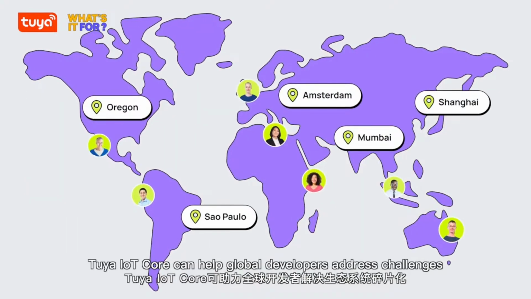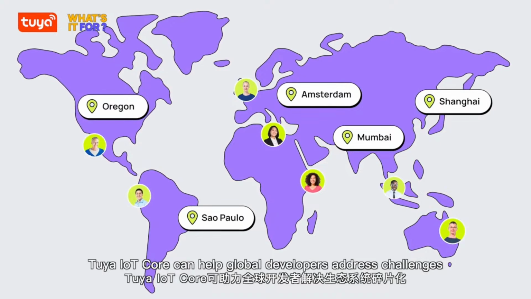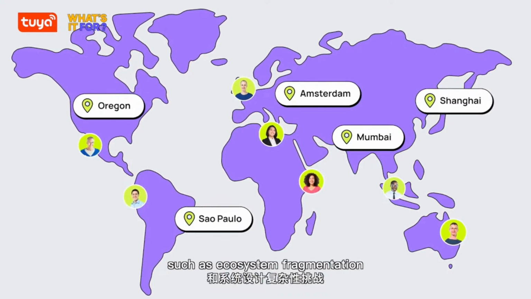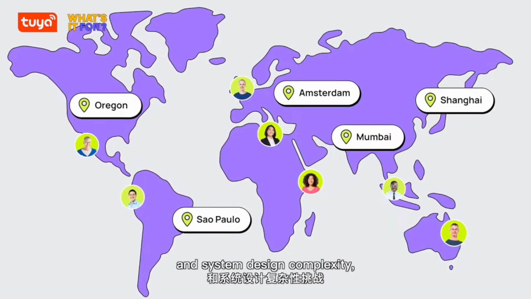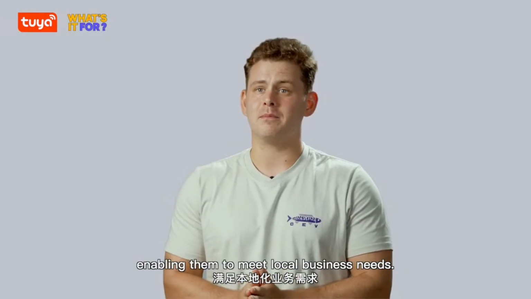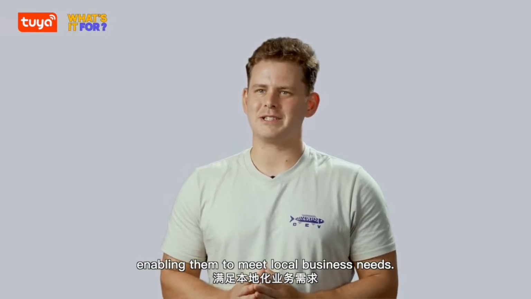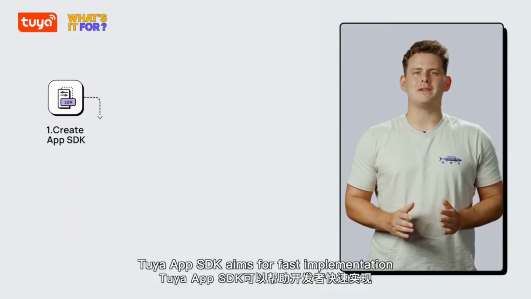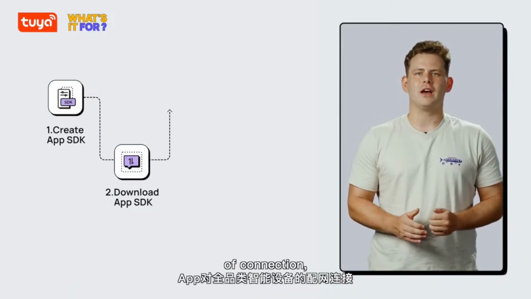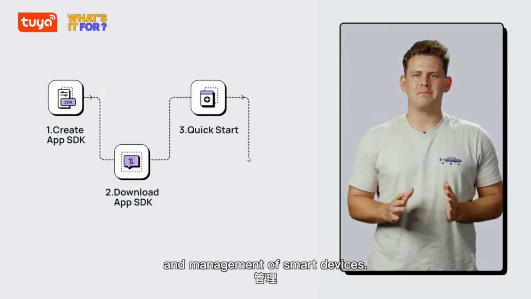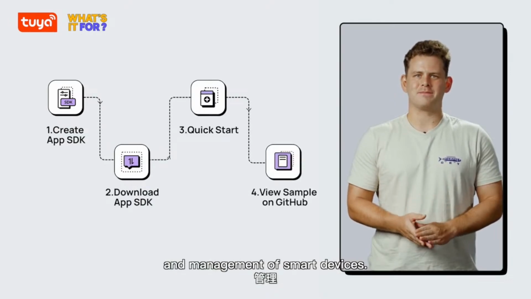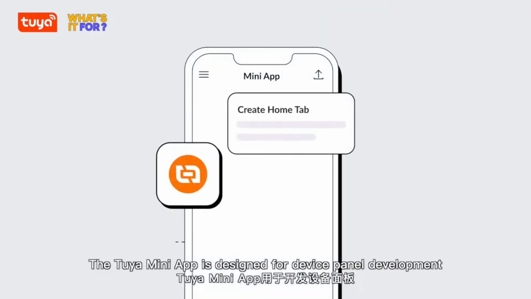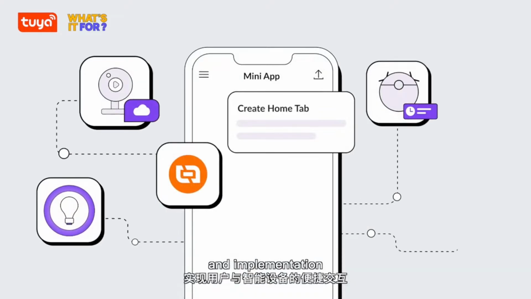Tuya IoT Core can help global developers address challenges such as ecosystem fragmentation and system design complexity, enabling them to meet local business needs. Tuya App SDK aims for fast implementation of connection, control, and management of smart devices. The Tuya Mini App is designed for device panel development and implementation.